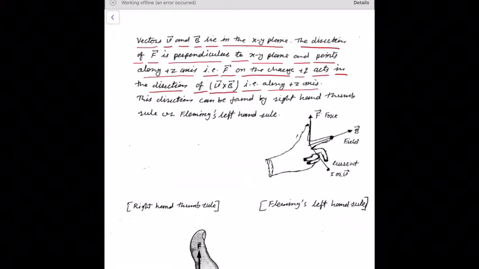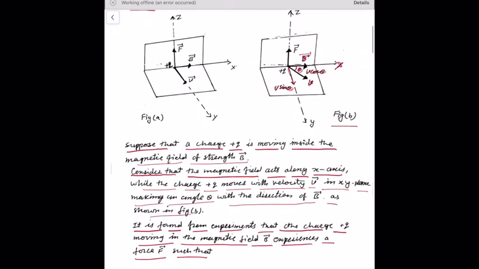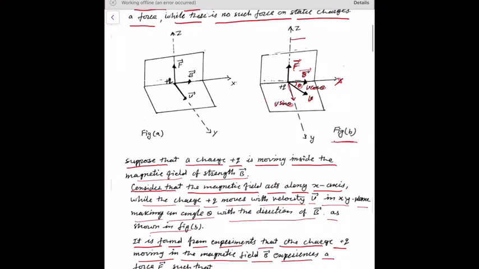See the diagram. Here F vector in z direction, and B vector in x direction. Clear?